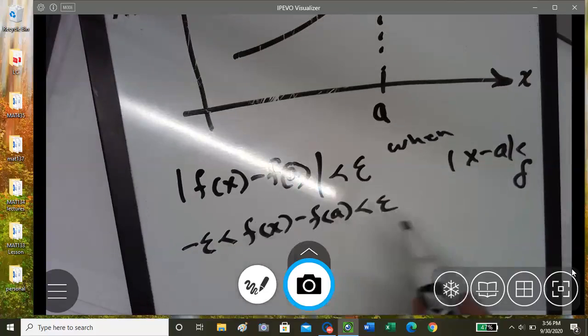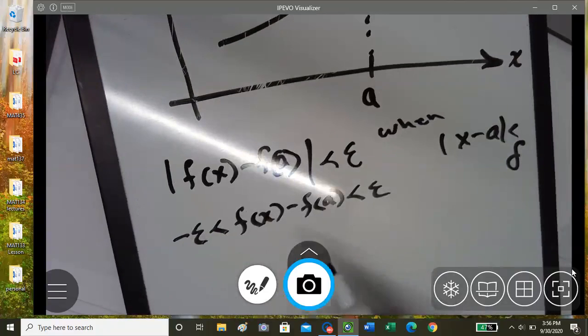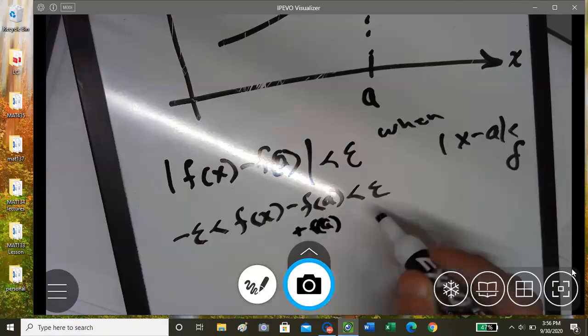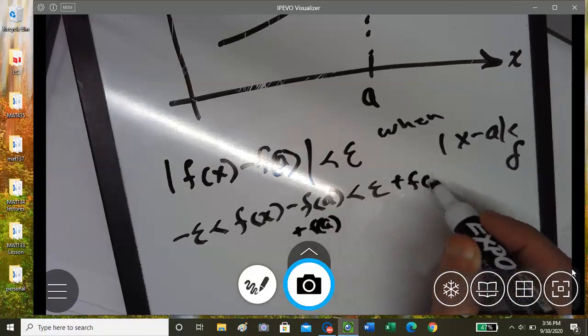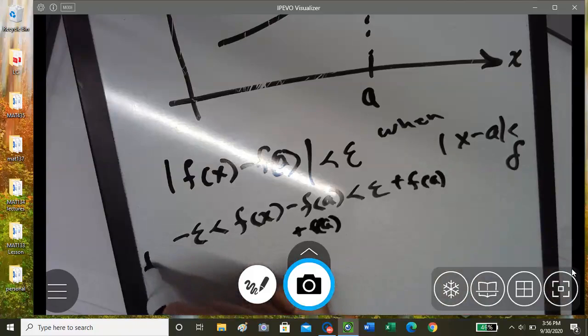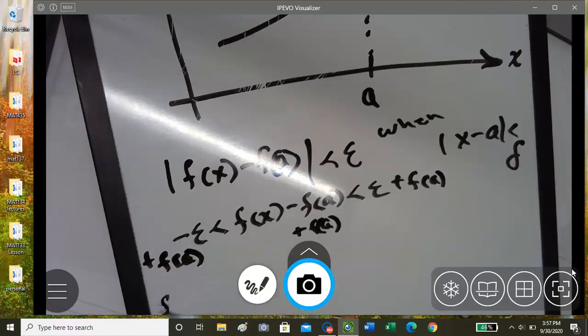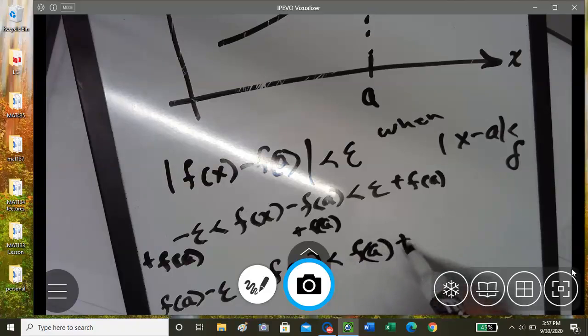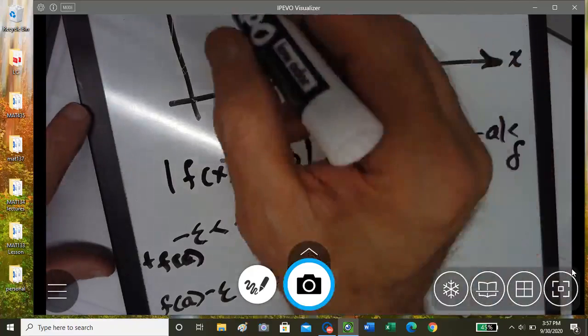If we add f(a), we get f(a) minus epsilon is less than f(x), which is less than f(a) plus epsilon.